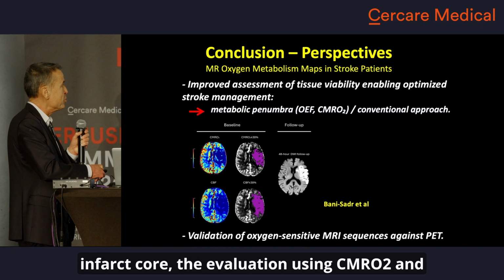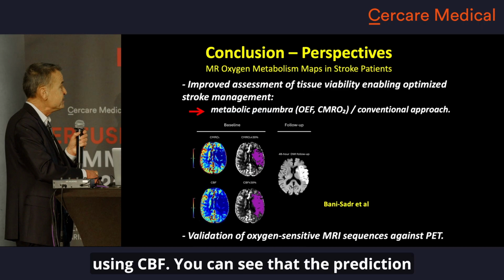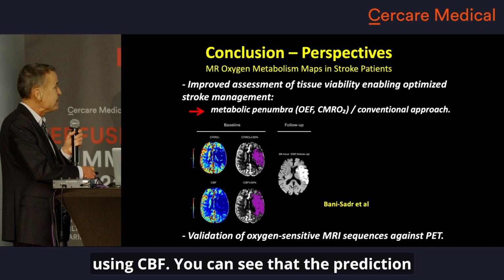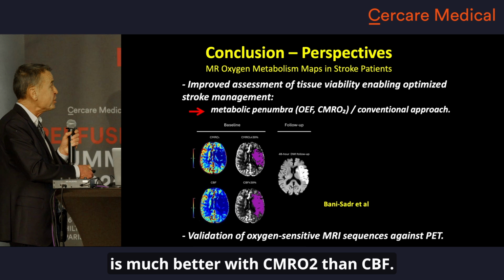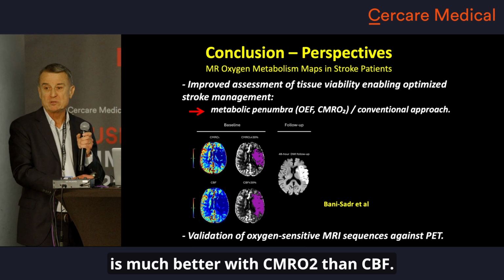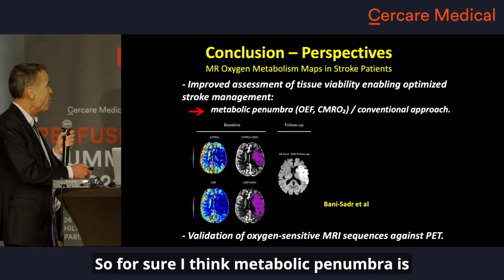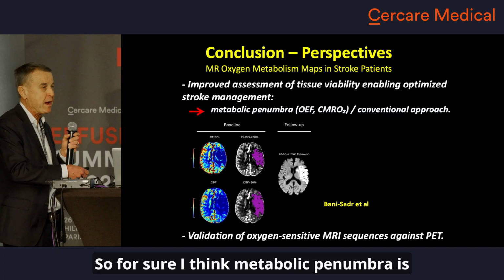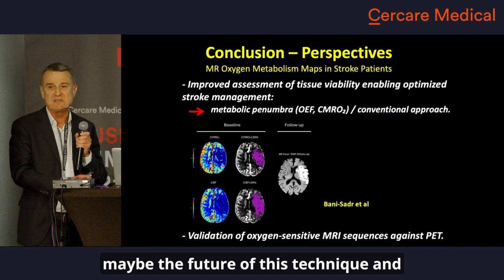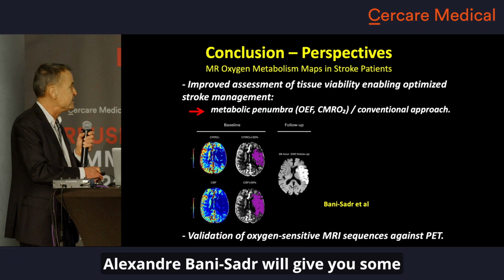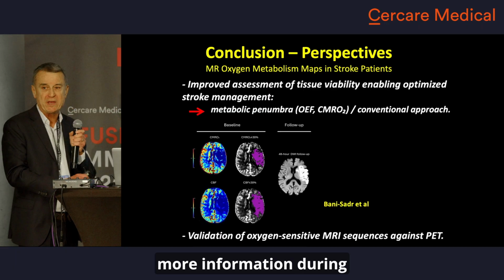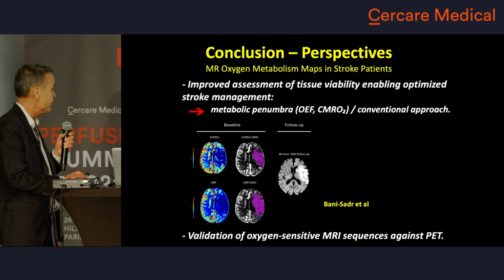For the evaluation using CMRO₂ and using CBF, you can see that the prediction is much better with CMRO₂ than CBF. So for sure, I think metabolic penumbra is maybe the future of this technique, and Alexandre Banissat will give you some more information during his workshop tomorrow.